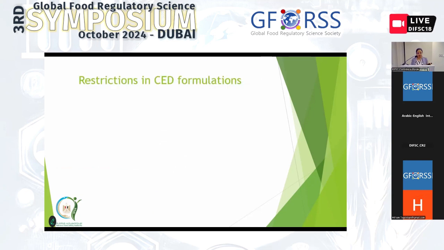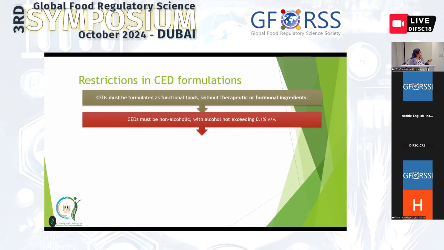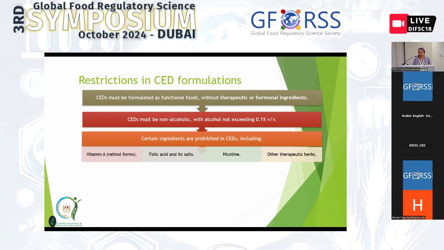Other restrictions in caffeinated energy drinks formulations: they must be formulated as a functional food without any therapeutic or hormonal ingredients. They also must be non-alcoholic, with a maximum amount of alcohol not exceeding 1.1% volume per volume. Certain ingredients are prohibited in any energy drink.